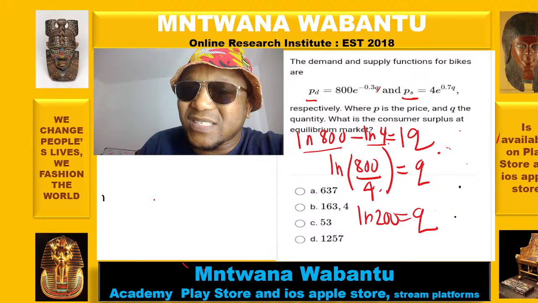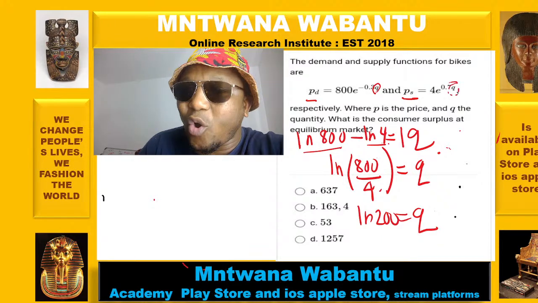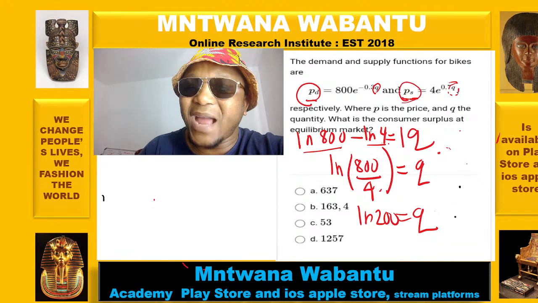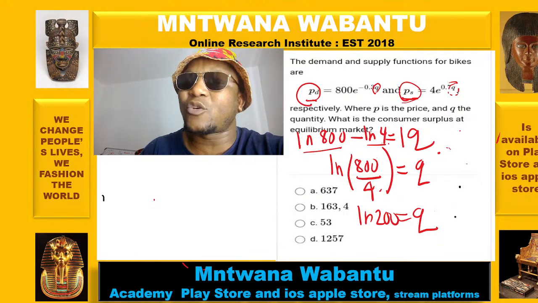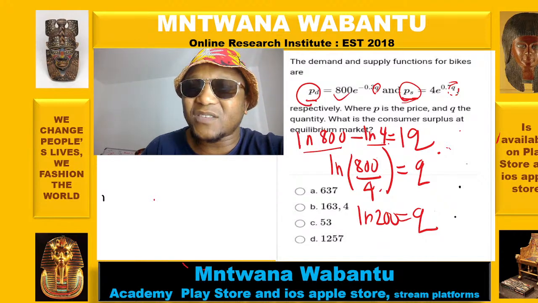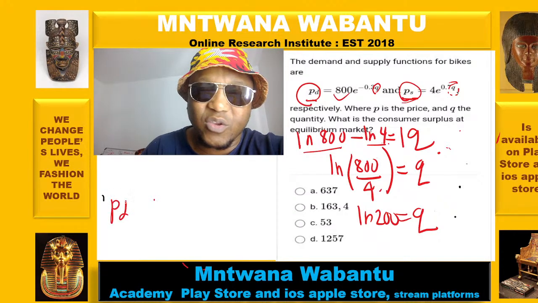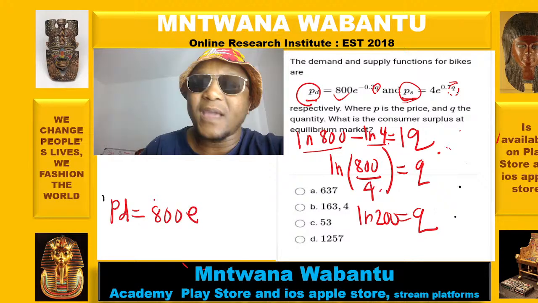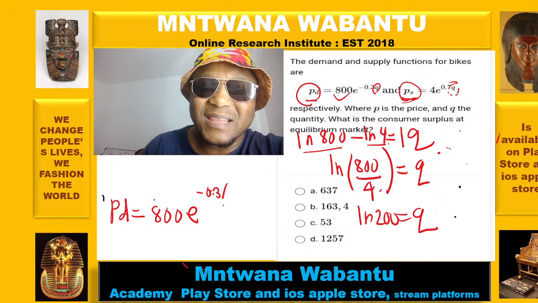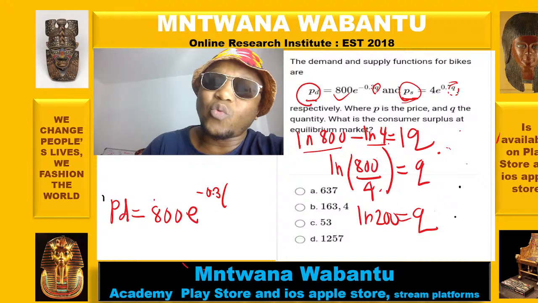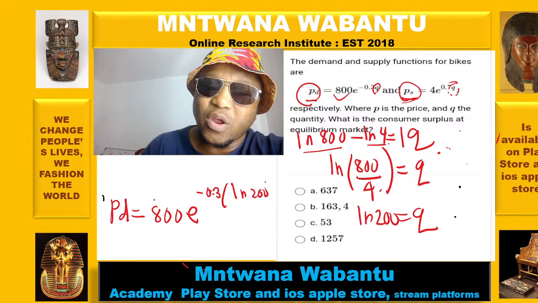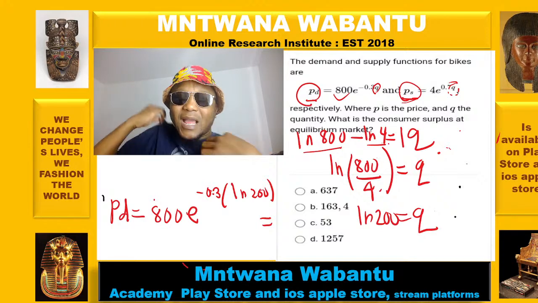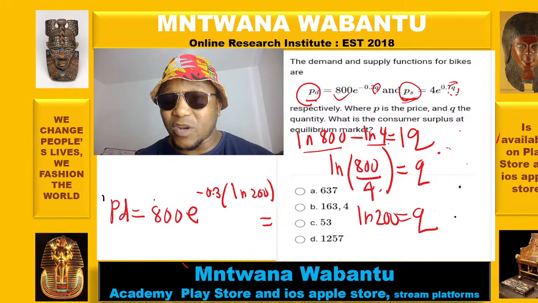You can substitute here or there to get the value of P, because price of demand and price of supply at equilibrium are equal. That's why we equated them. So let me just use this one. Either one you can use. Price of demand equals 800 E to the power of negative 0.3, and then we're going to put in our Q. What is our Q? Ln of 200. So I can just come into my calculator and plug that in. Even if you take the second one, it's going to give the same answer.